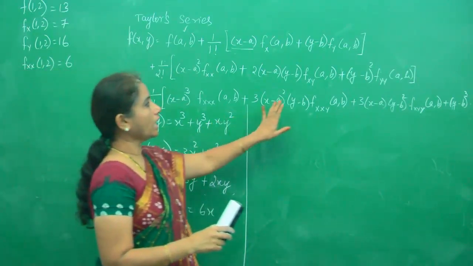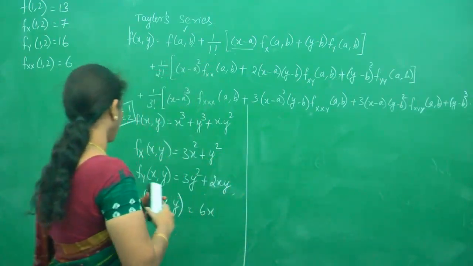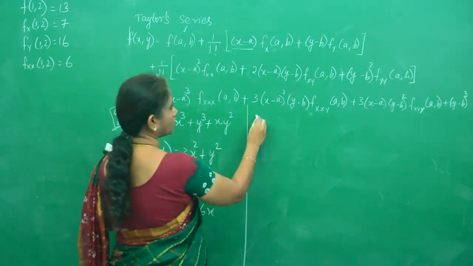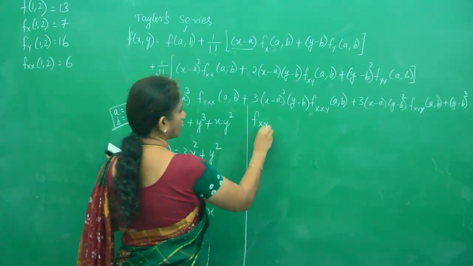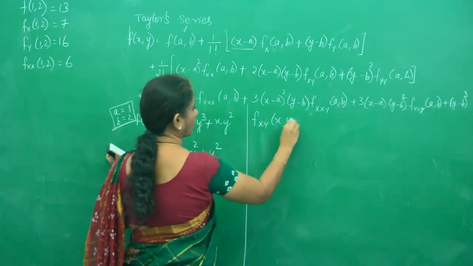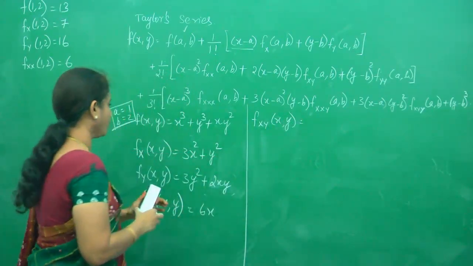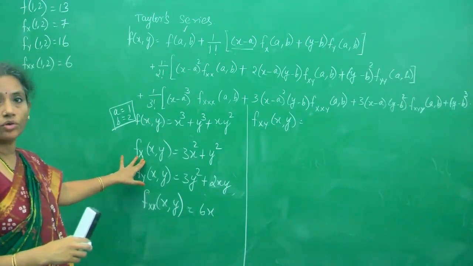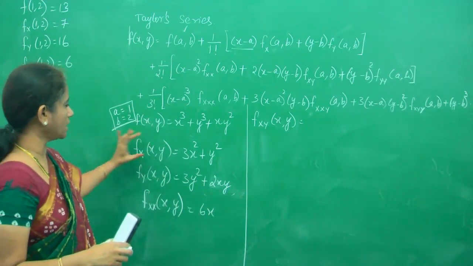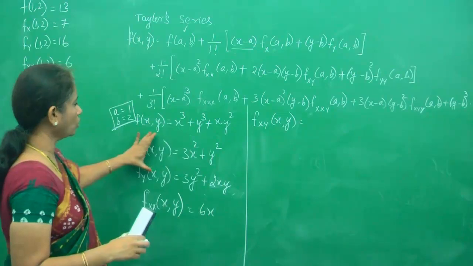Now you need to do fxy of AB. So for that we will do fxy of x, y. What is it equal to? We have differentiated with respect to x, and now I am going to differentiate this line with respect to y.